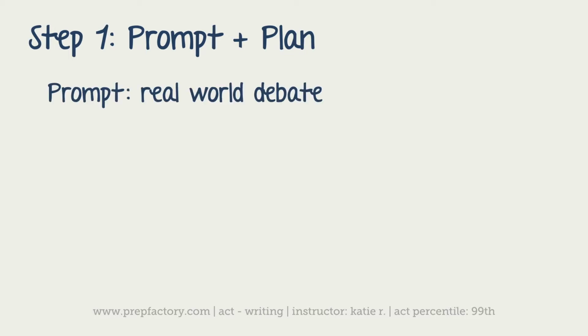One of the great things about the ACT writing section is that the prompt is always going to be about a real-world problem or a debate over a potential real-world issue. So for most of them, that means it's school-related. Not every essay is going to be school-related, but all of them are some sort of real-world problem.